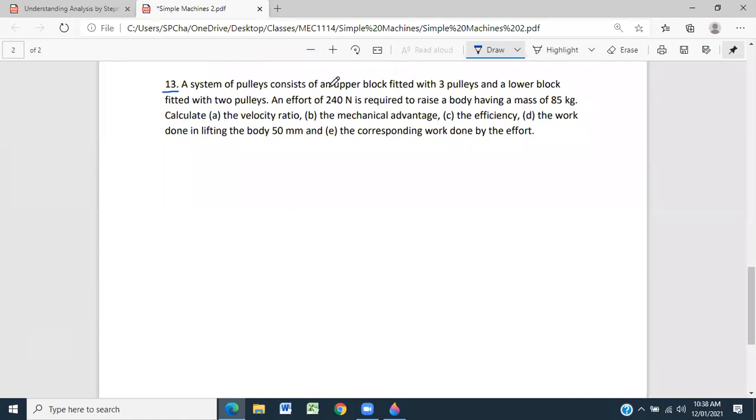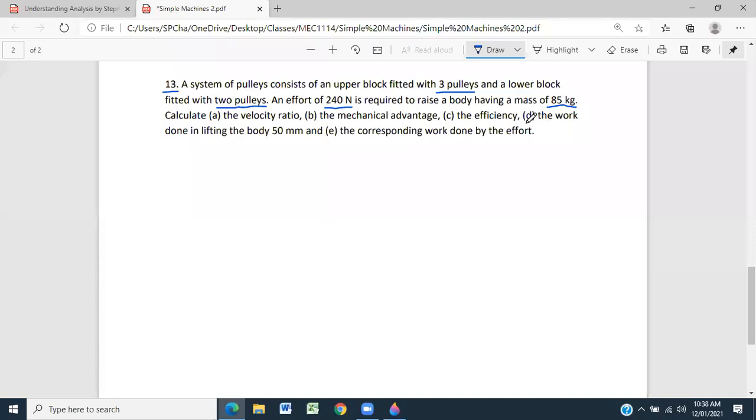A system of pulleys consists of an upper block fitted with 3 pulleys and a lower block fitted with 2 pulleys. An effort of 240 newtons is required to raise a body having a mass of 85 kgs. Calculate A, the velocity ratio, B, the mechanical advantage, C, the efficiency.